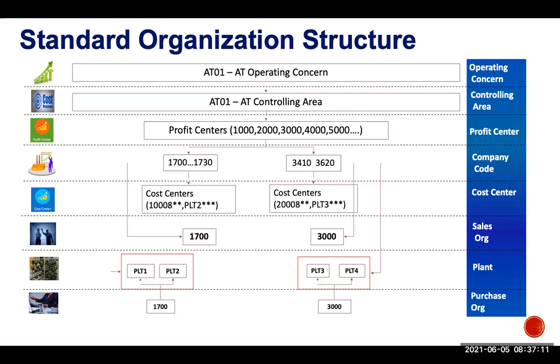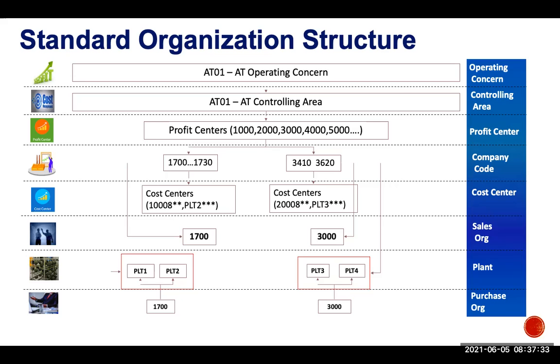So when it comes to the definition of plant, what happens? We may have multiple plants within one legal entity. One legal entity may have multiple places where we can produce our goods or our products.